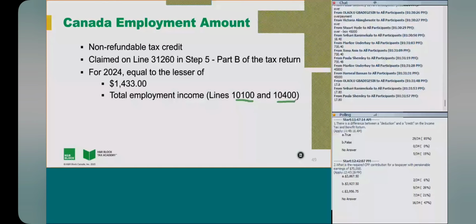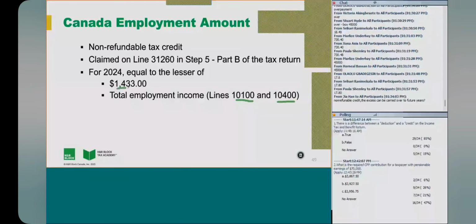If you do not have employment income or other employment income, you cannot qualify for this. The credit you can claim is either $1,433, which has been indexed for inflation, so it's gone up over the years, or your total employment income if it's less than that. So if you only had $500 in odd jobs, you would be able to claim the $500 as credit, but that's all.